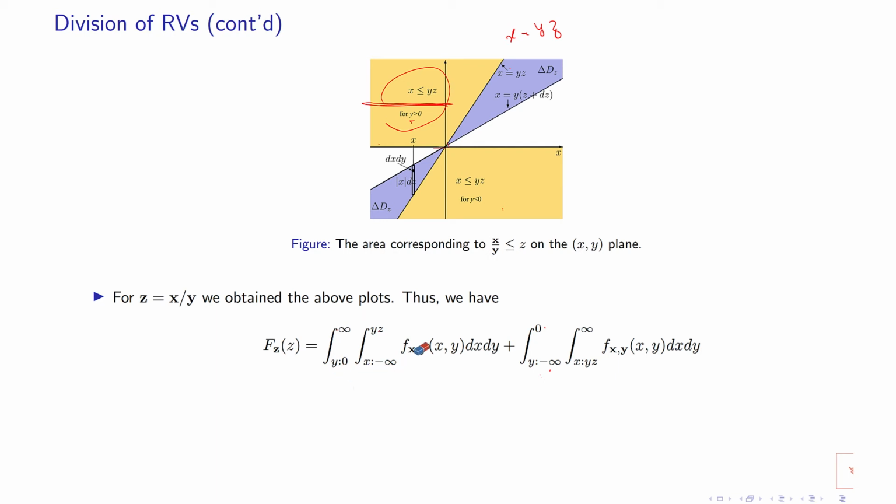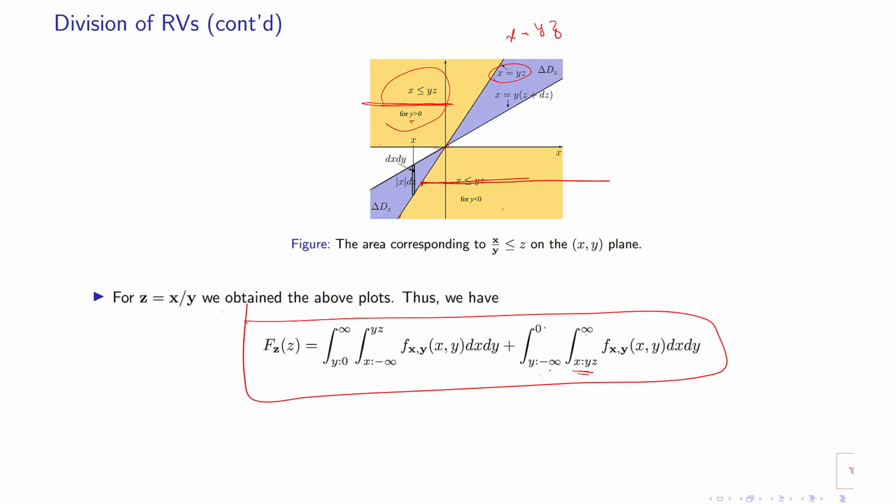For the lower integral, for a specific value of y, you are moving on this line, and x varies from this line, x equal to yz, to plus infinity. So you simplify or calculate this integral. This gives you the cumulative distribution of z.